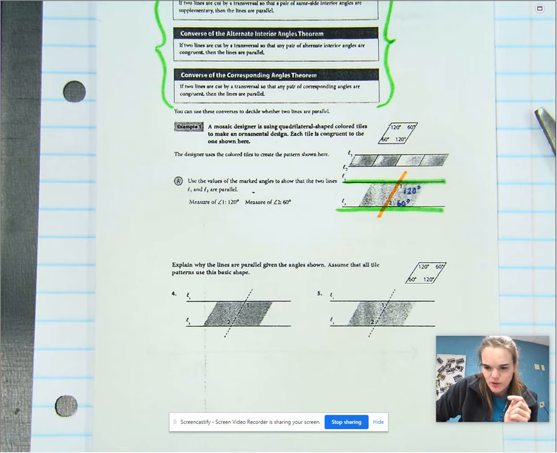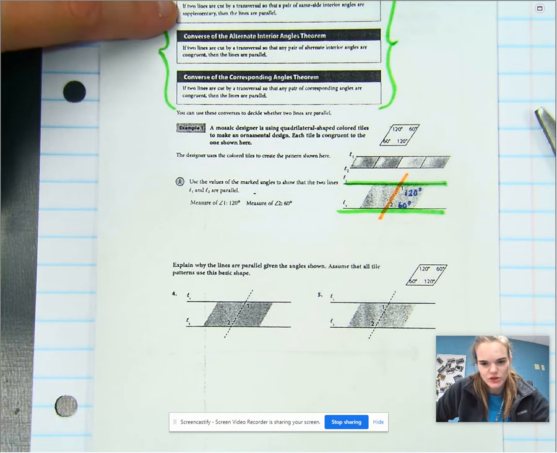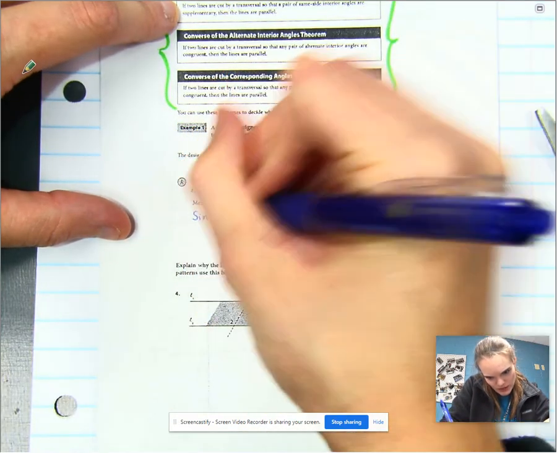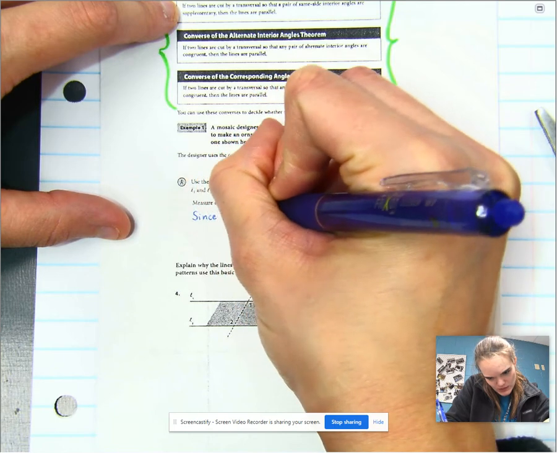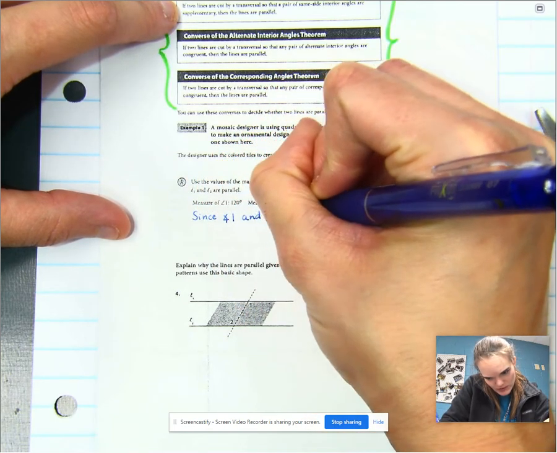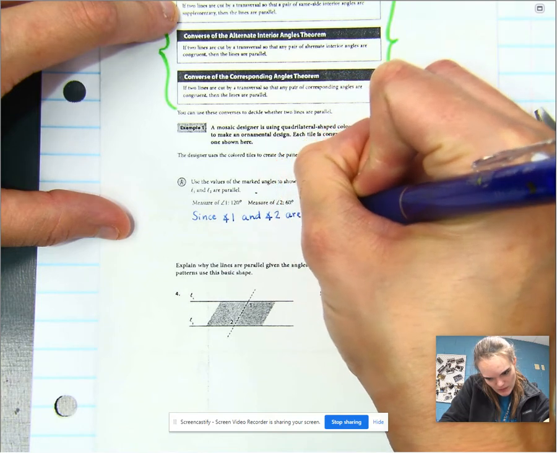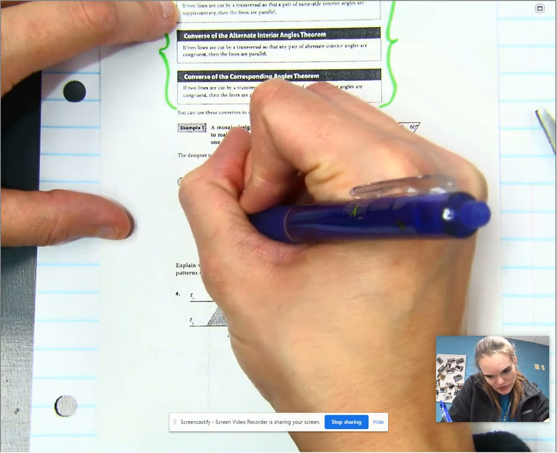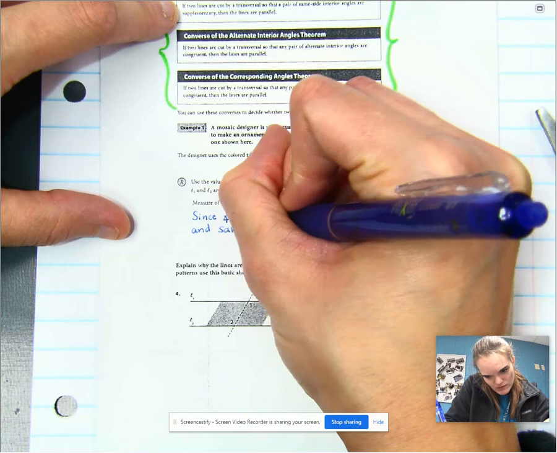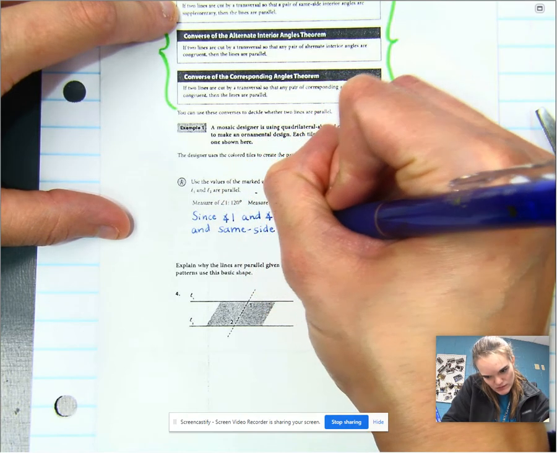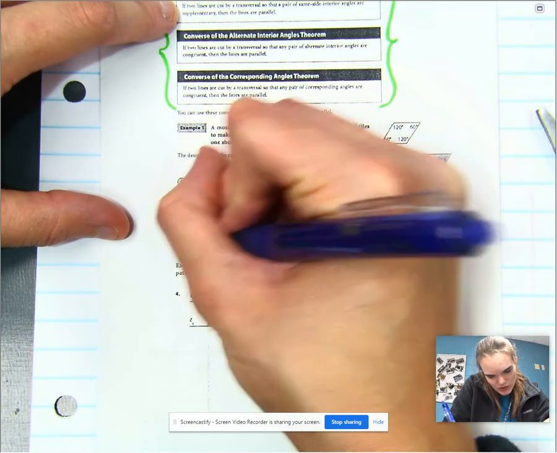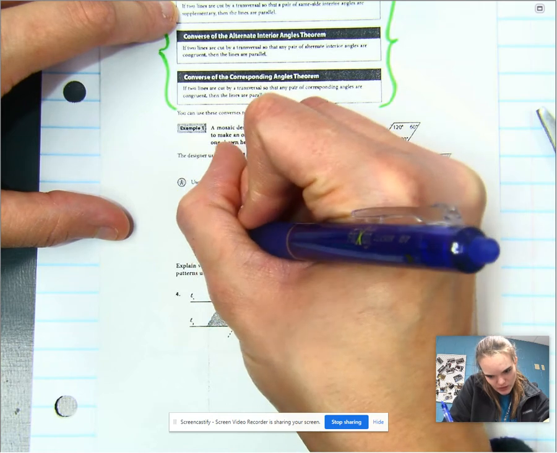Okay. We're trying to show that L1 is parallel to L2. Well, what relationship is going on between 120, angle 1, and angle 2? I think that's the same side interior angles postulate. Okay, so since angle 1 and angle 2 are supplementary and same side interior angles, L1 is parallel to L2.